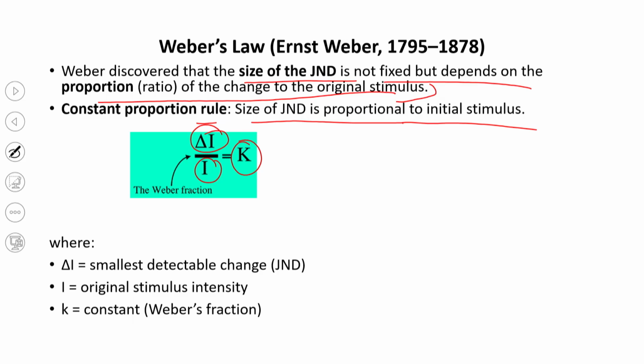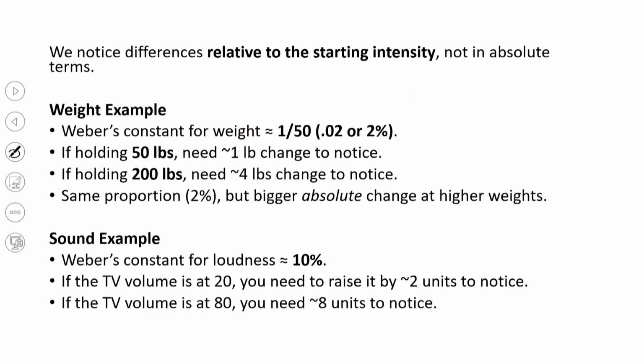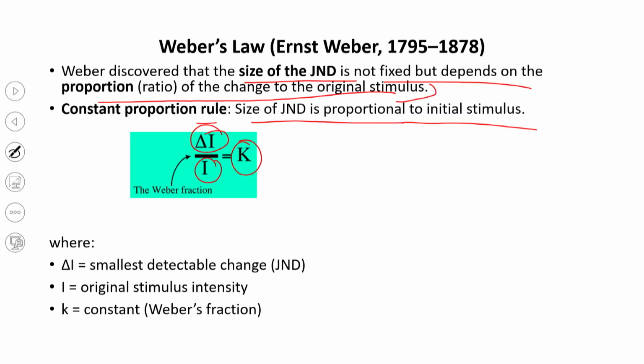For example, how do I understand this? Let us say the Weber constant for weight is 1 by 50. See, this is the formula. Let us say for 50 pound, we need 1 pound. So, that difference threshold is 1 pound, the original is 50 pound, or 50 kg, let us say. So, the fraction is 0.02.